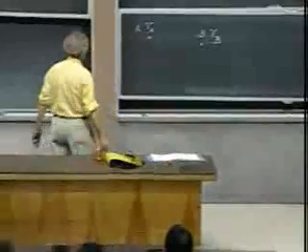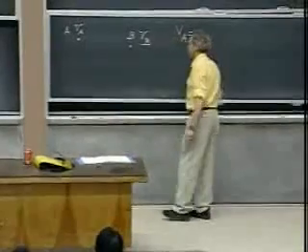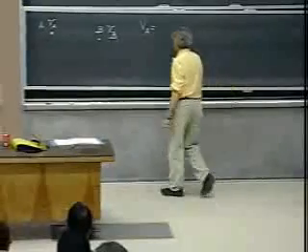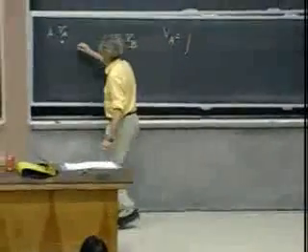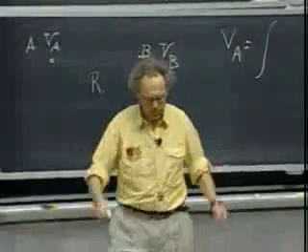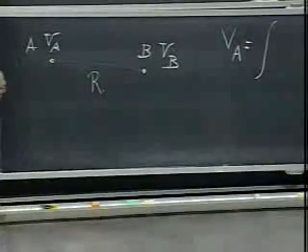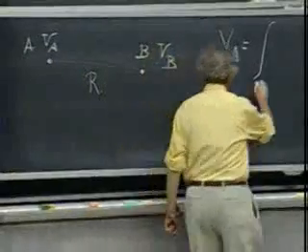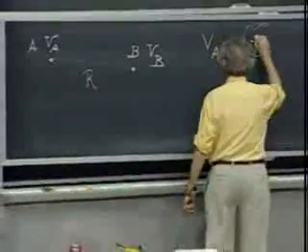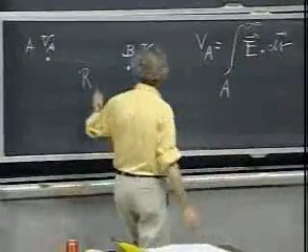By definition, the potential of VA, as we discussed before, is the integral. By the way, these are separated by some random distance r, whatever you want. So the potential of A is defined as the integral going from A to infinity of E dot dr. That is the definition of the potential of A.